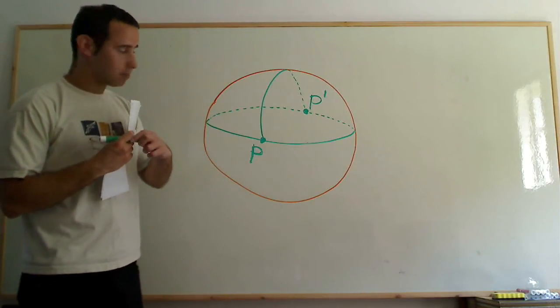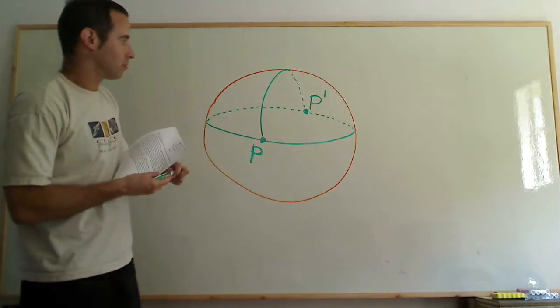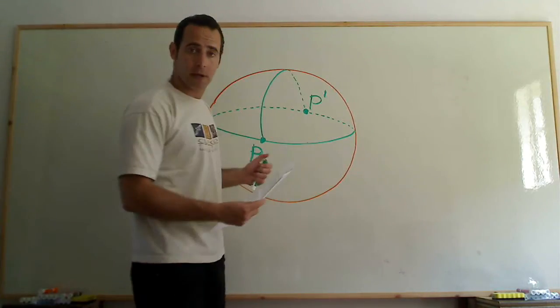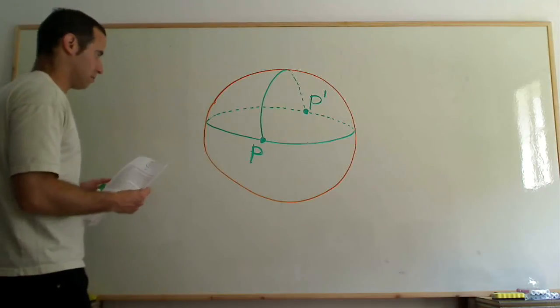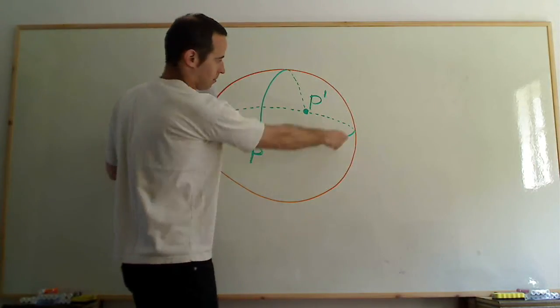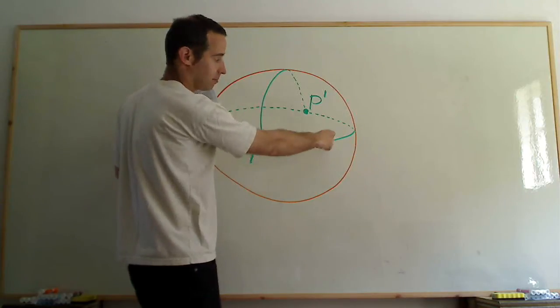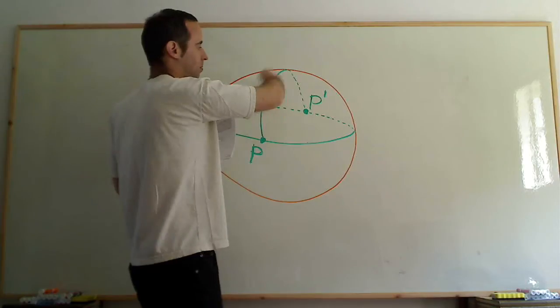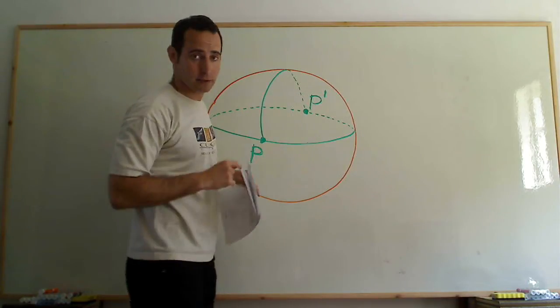Okay, and you understand that if we took this basketball and we turned it, remember this is a closed curve. This rope is a closed curve, and this rope is connected to it in 2 points.